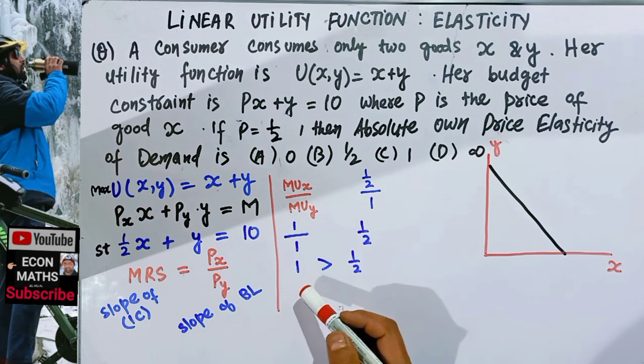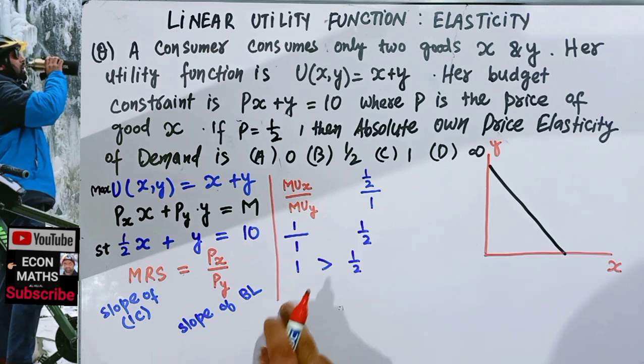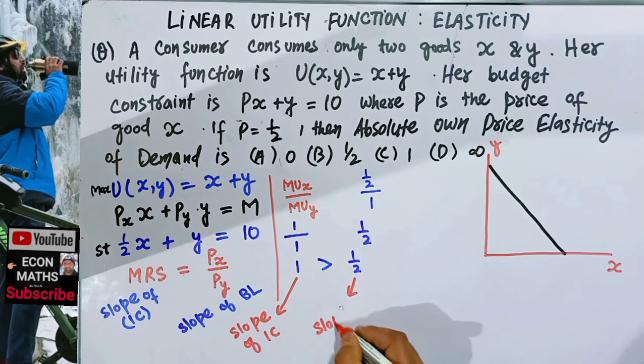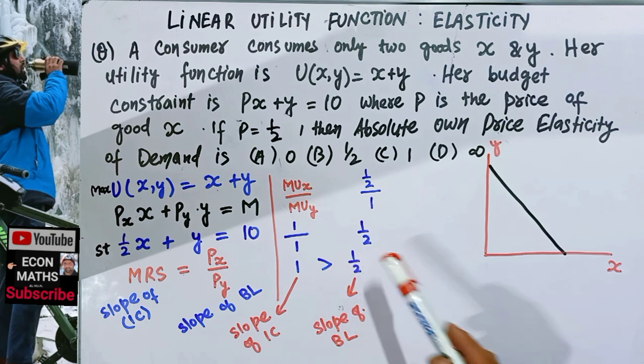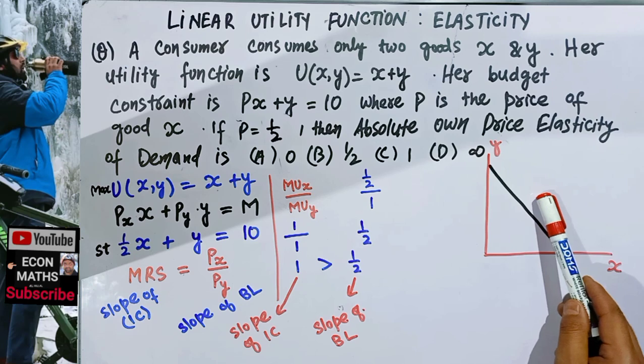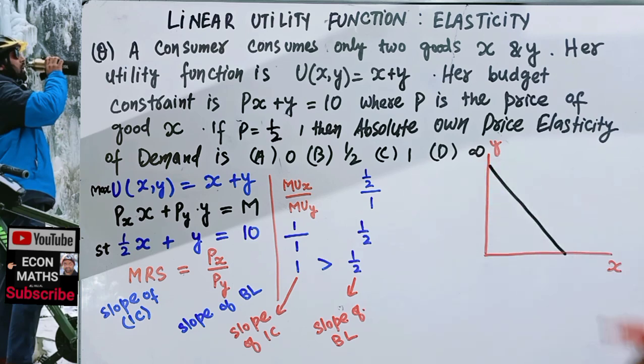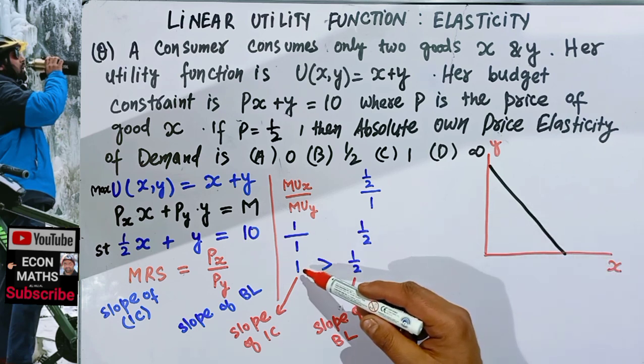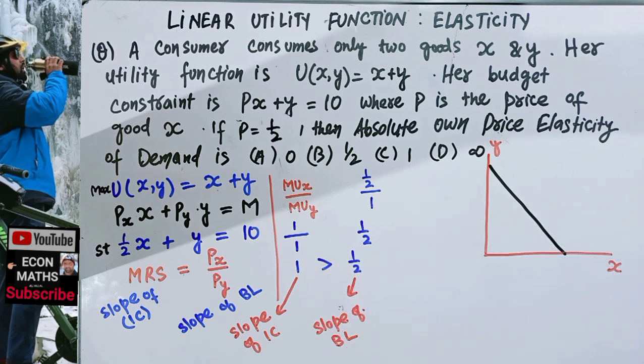This 1 is the slope of indifference curve, and this is the slope of budget line. When the slope of indifference curve is greater than slope of budget line, with given budget constraint we want to maximize utility. Slope of this budget line is 1 upon 2 and slope of indifference curve is 1.